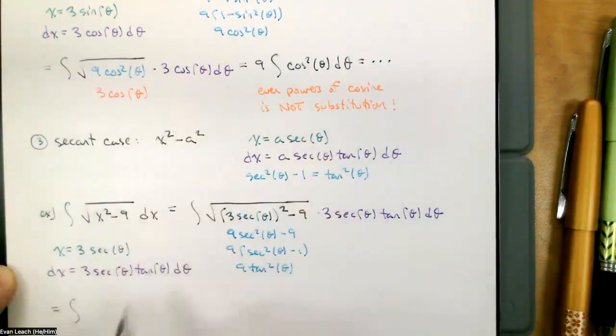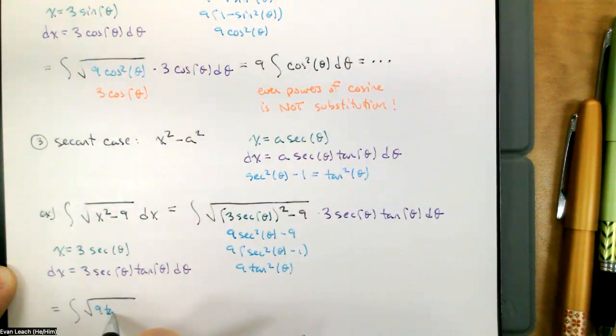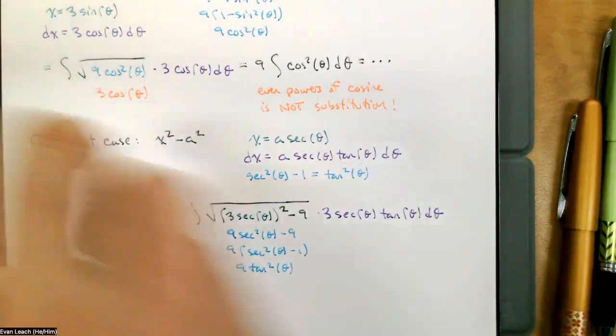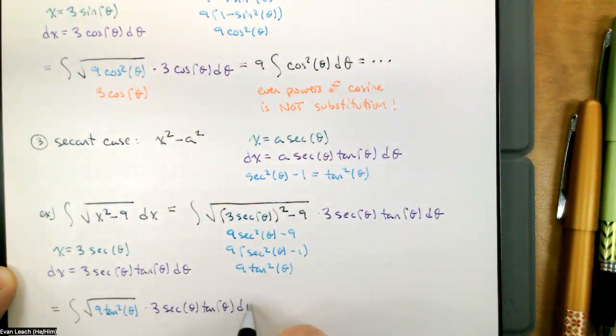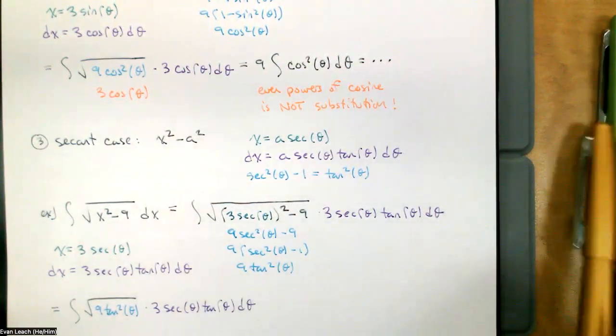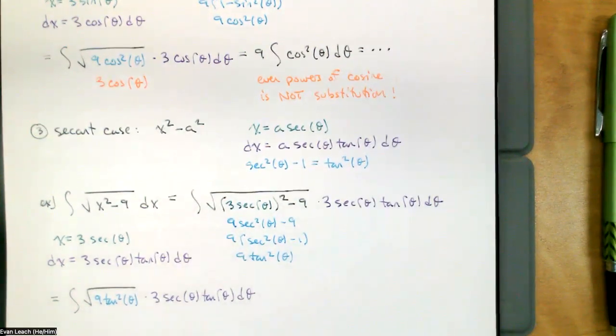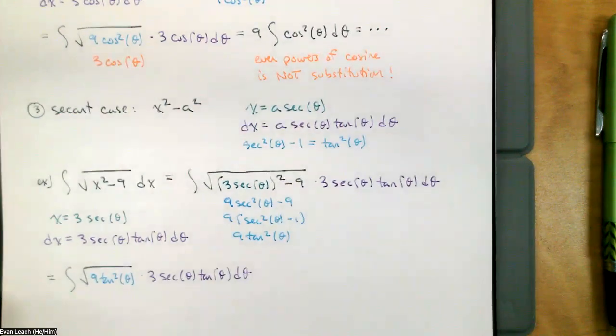Now we're at this point, square root of 9 tangent squared. And the same thing happens that happened in all the other ones because I really have just been doing 3 copies of the same problem all day.